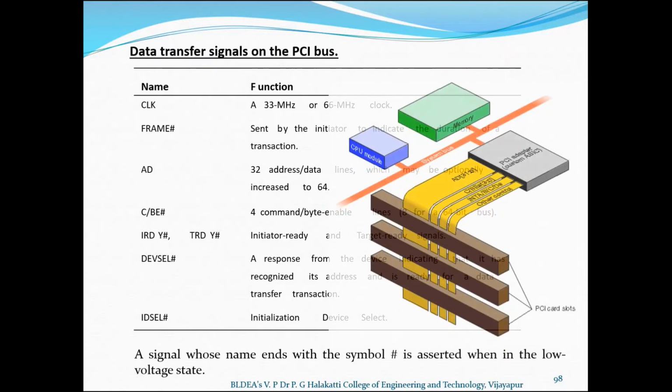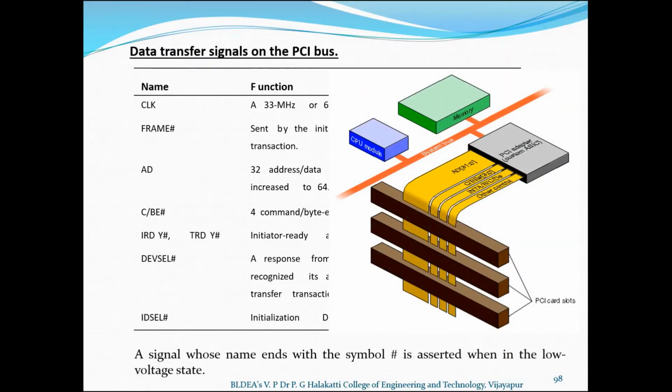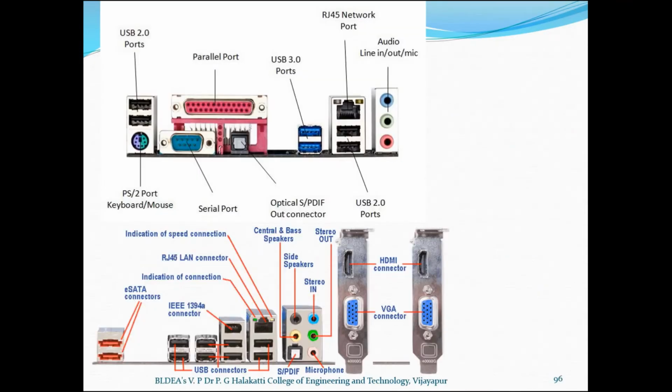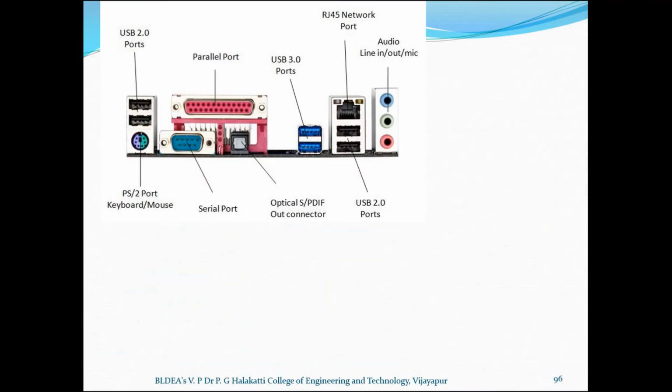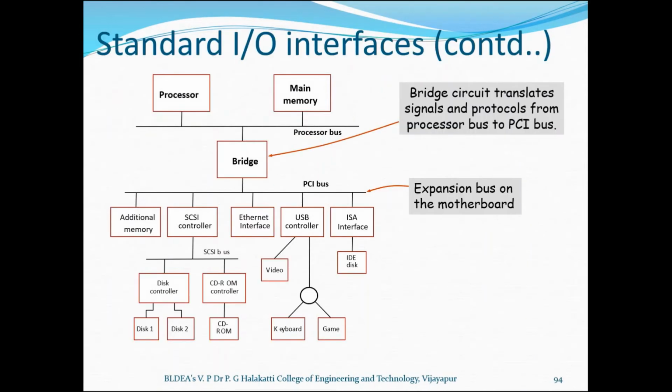Now let's try to understand. This is a diagram to show you how PCI bus is connected. I think in the last video we have already seen, but still I will show you. We had seen that there will be a bridge. This is the PCI bus.